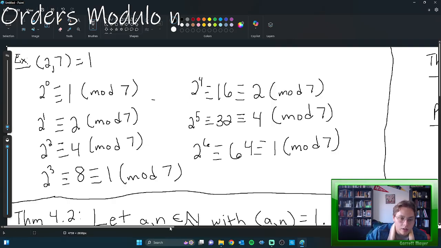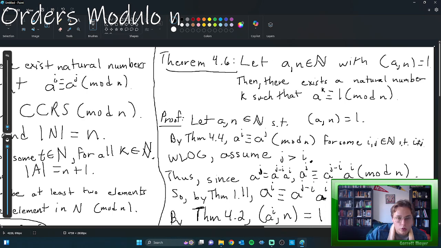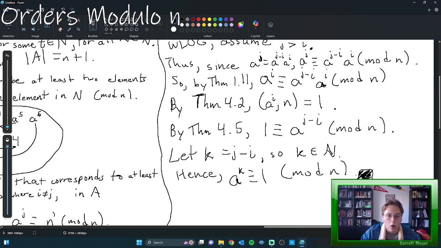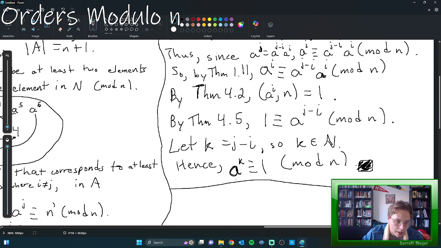That is one of the most crucial consequences of this theorem: knowing that a to the power k comes back to 1, you can find this cyclical pattern within the powers of a when a and n are coprime. So there's this pattern within the modular arithmetic of powers when the modular base n is coprime with a.